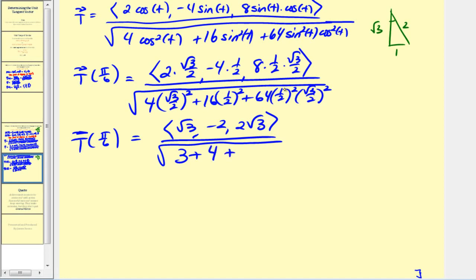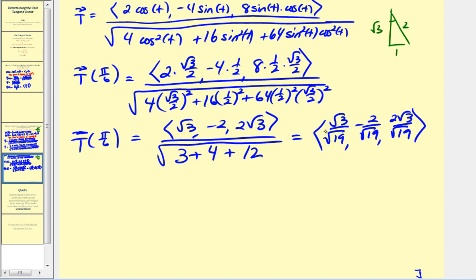Here we're going to have 64 times 1/4 times 3/4, and that's going to give us 12. So our magnitude is going to be the square root of 19, so the x component will be square root 3 over the square root of 19. The y component will be negative 2 over the square root of 19, and the z component will be 2 square root 3 over square root of 19.